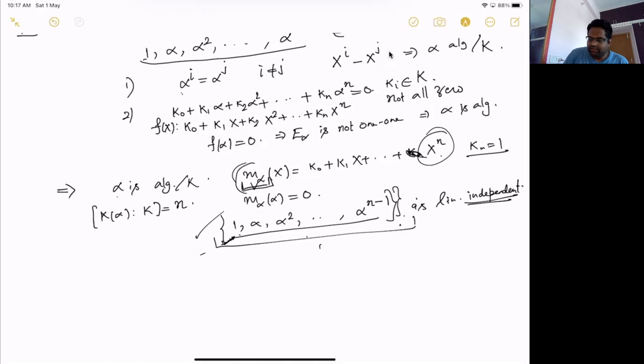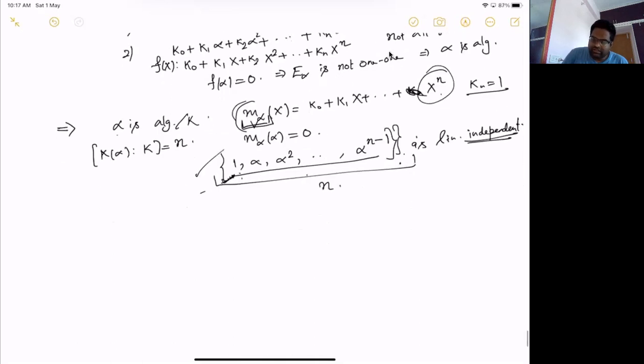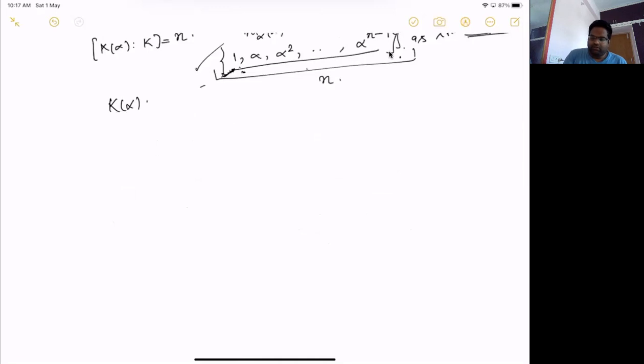So we have exhibited a linearly independent subset of n elements. All we need to show is that this set also spans k of alpha, and here is where we use the theorem. Because if you want to write any general element of k of alpha, it looks like f of alpha over g of alpha. And then you have to struggle with this thing.